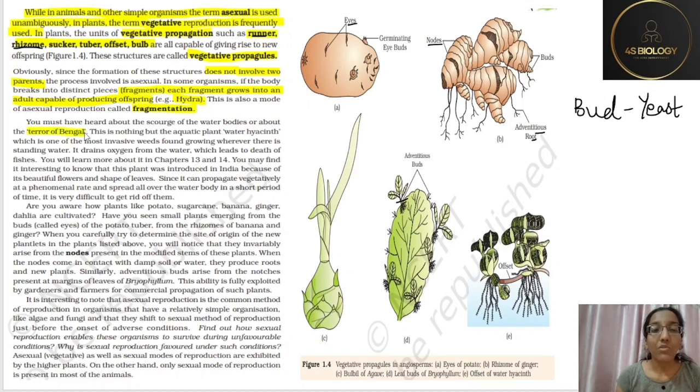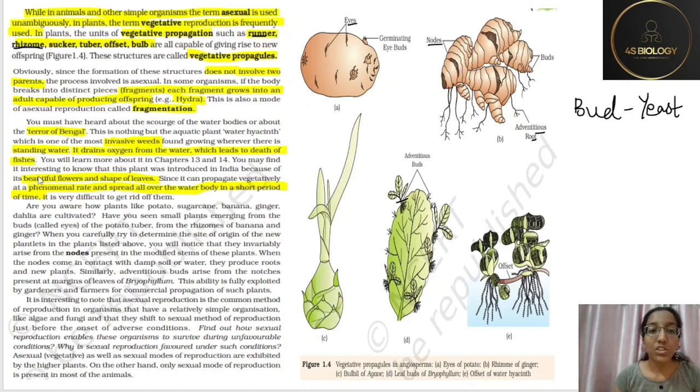This is very important. Terror of Bengal, water hyacinth, Eichhornia. What happened here is that this is nothing but the aquatic plant water hyacinth. It is the most invasive weed, it will harm. Found growing wherever there is standing water, that is, not moving water but standing water, it grows. It was brought from another country, actually to India, because it had beautiful flowers and shape of leaves, so they thought to bring it to this country. After coming to this country, it spreads at a faster rate. See, it will spread at a phenomenal rate and spread all over the water body in a shorter period of time. Not only does it spread, it will drain the oxygen from the water. If there is no oxygen, what happens? All the fishes die. So if you see here, it drains oxygen from the water, which leads to death of fishes.